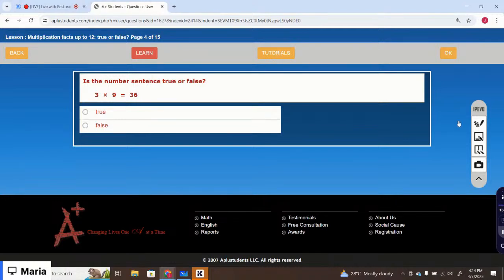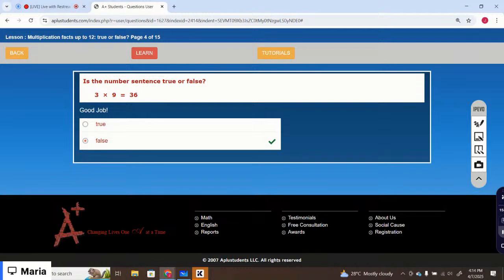False it is, because 3 times 9 is 27 and 27 is not equal to 36. So false it is.